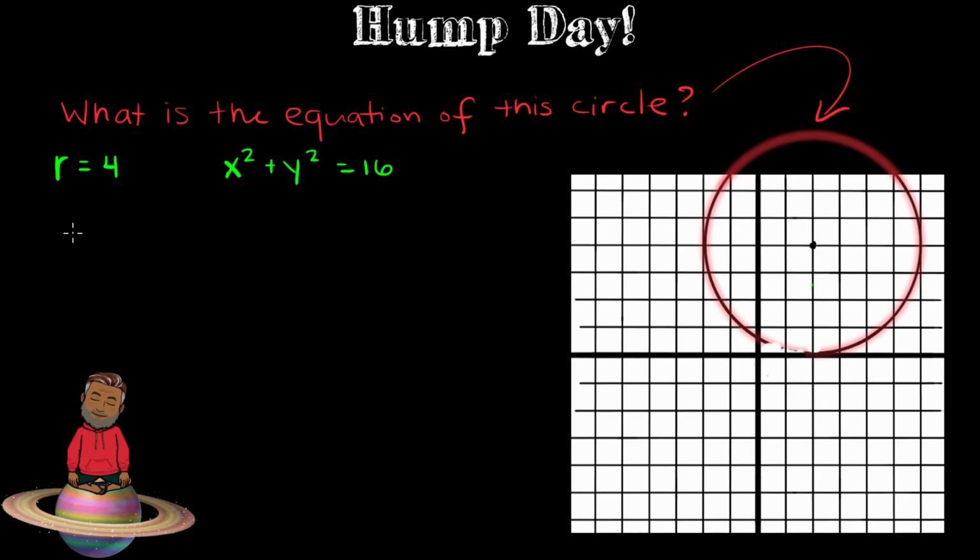We go 4 spaces up, and then 2 spaces to the right. So we just write down x minus 2 to the power of 2 plus y minus 4 to the power of 2 is equal to 16.